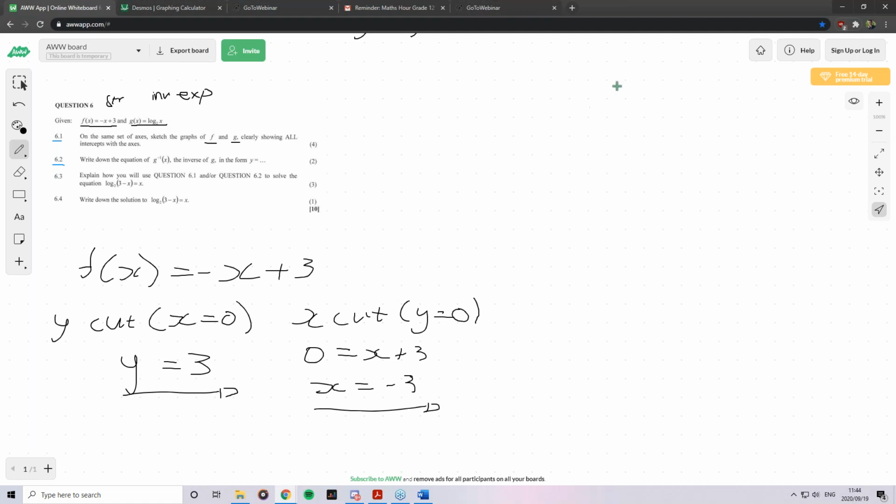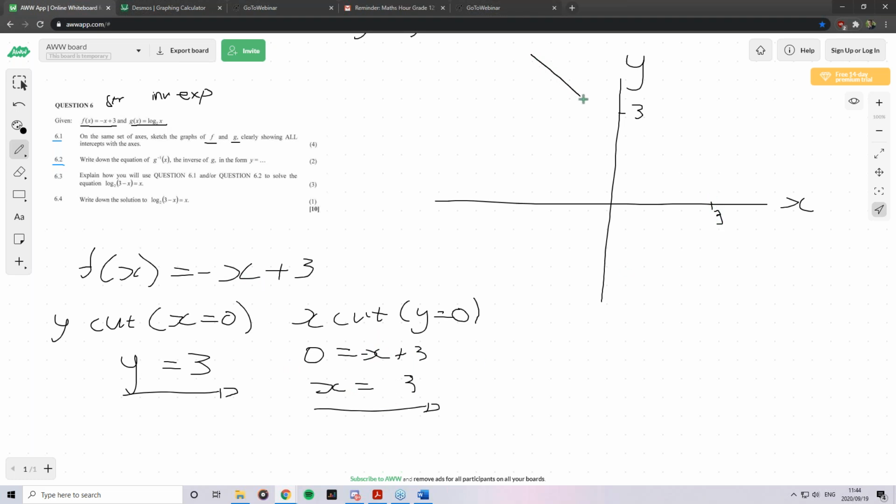So we can draw our axes, x and y, and we say that f of x cuts the y-axis at 3 and the x-axis at, well, my bad, sorry. This should be just 3. I noticed something. This is just 3 because y equals minus x plus 3, minus x equal to minus 3, and I have x is equal to 3. So x is equal to 3 here.